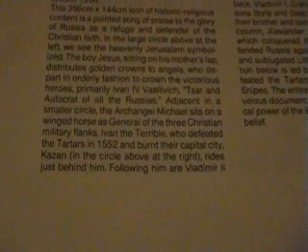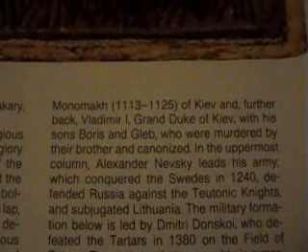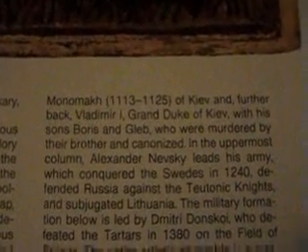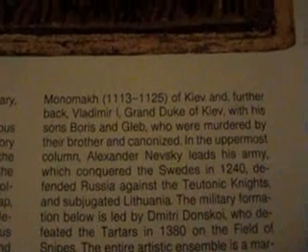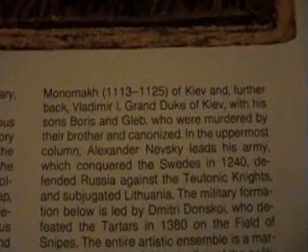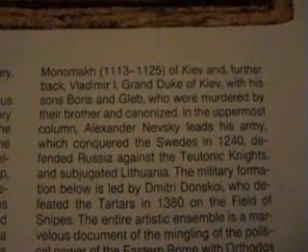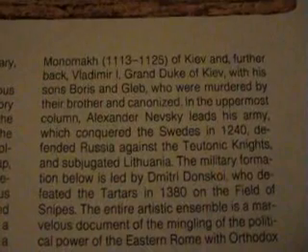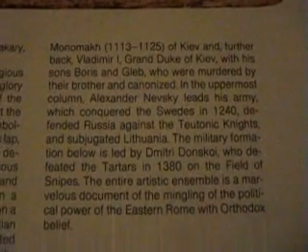Ivan the Terrible, who defeated the Tartars in 1552 and burnt their capital city, Kazan, in the circle above the right, rides just behind him. Following him are Vladimir II Monomakh from the 11th century of Kiev, and further back Vladimir I, Grand Duke of Kiev, with his sons Boris and Gleb, who were murdered by their brothers and canonized. In the uppermost column, Alexander Nevsky leads his army which conquered the Swedes.